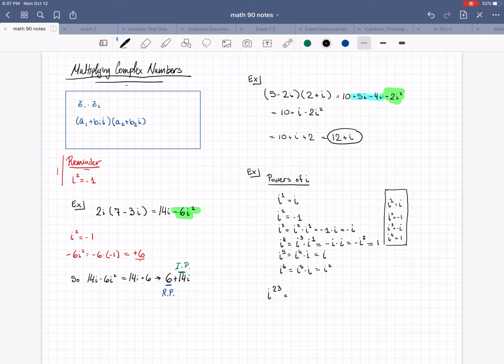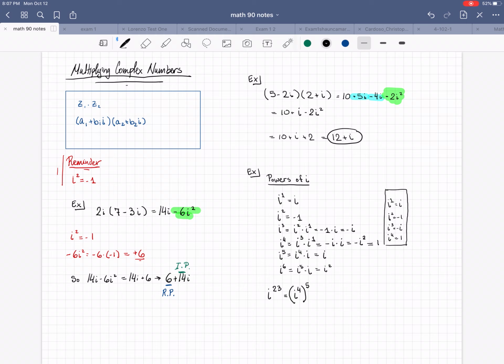Well, answer me this. How many times does 4 go into 23? In other words, what's the largest number divisible by 4 that's less than 23? And the answer is 20. So that's five 4s.